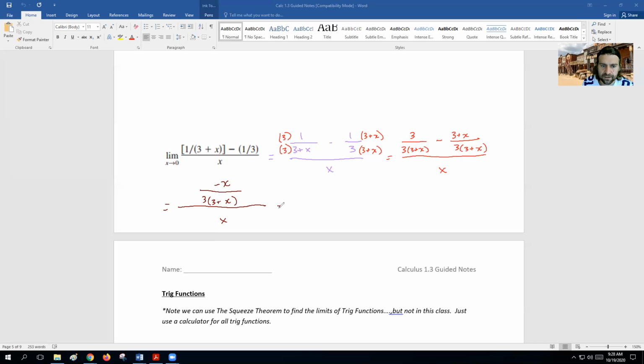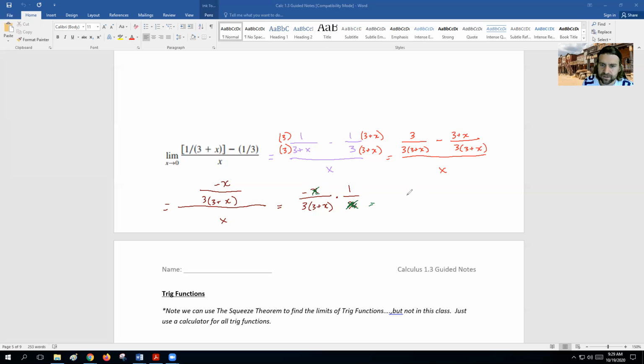Now what we're going to do here is, now that this top expression is simplified to one fraction like this, we can actually look at this and remember that dividing by x is the same thing as taking the top fraction and timesing it by 1 over x. Now that's super nice because the x's will cancel each other out.